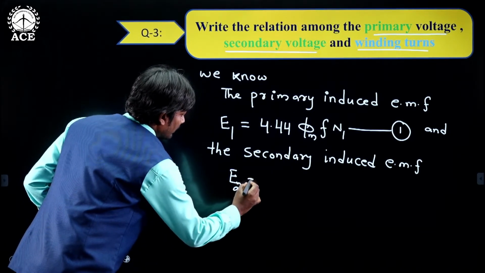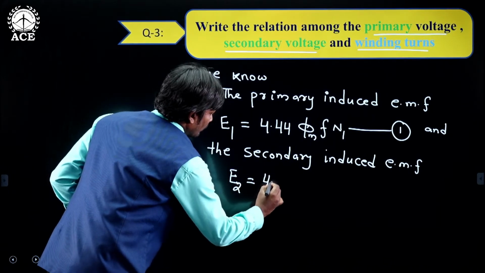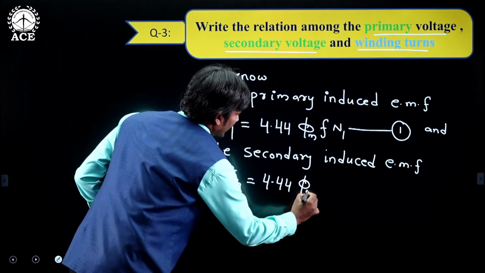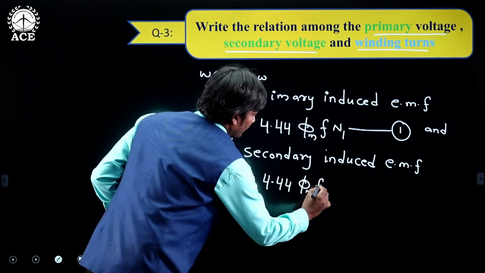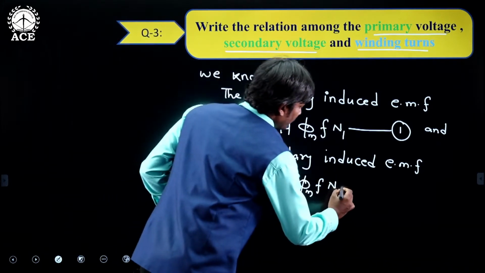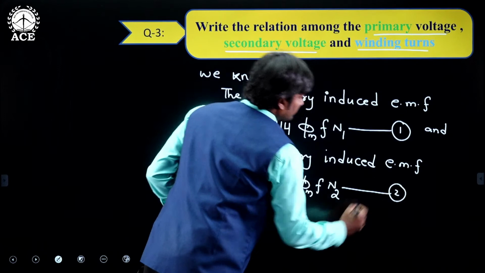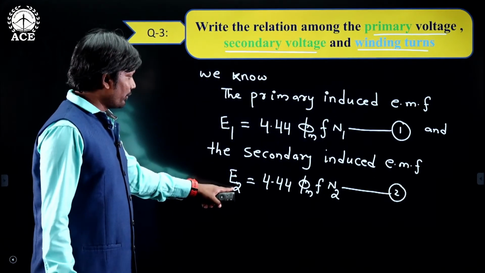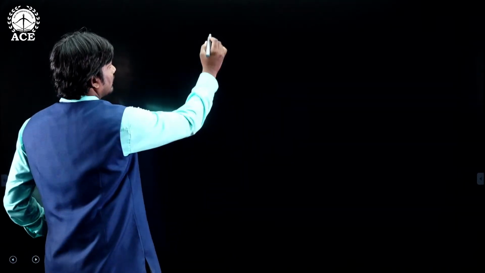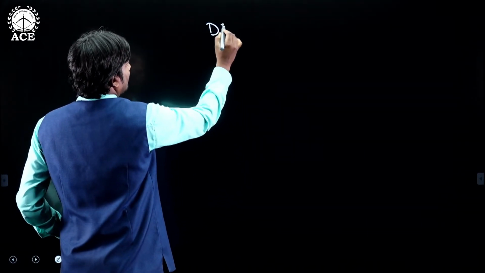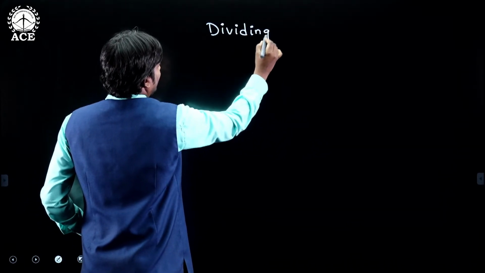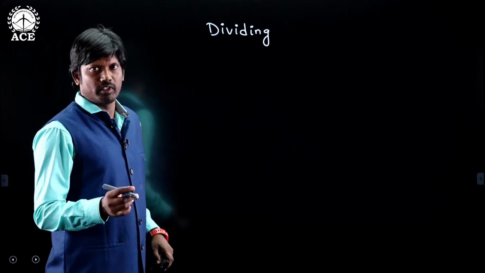E2 is equal to 4.44 phi m f N2. This is equation number 2. Now divide equation number 2 by equation number 1.